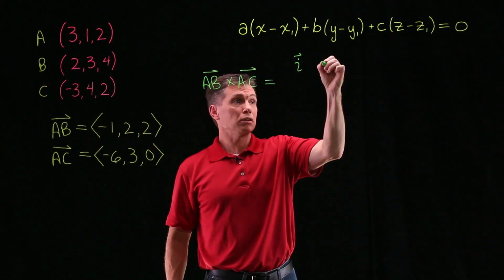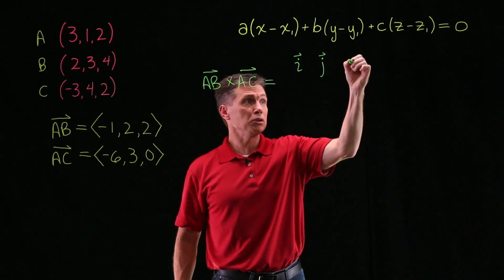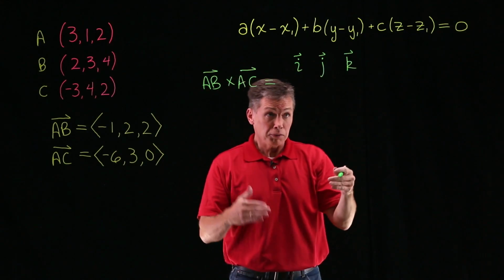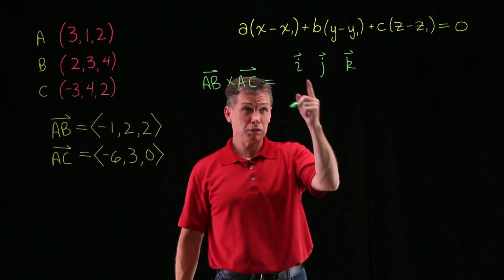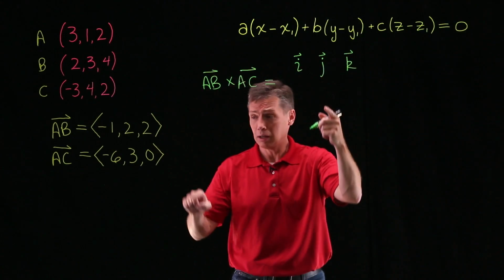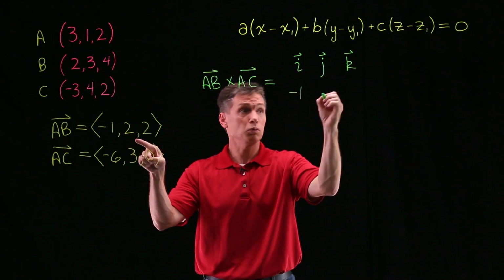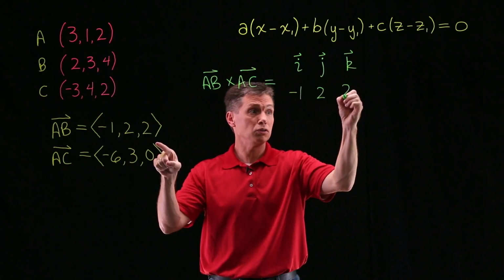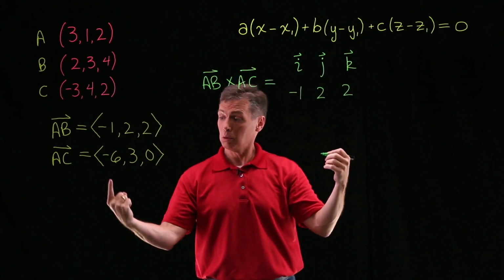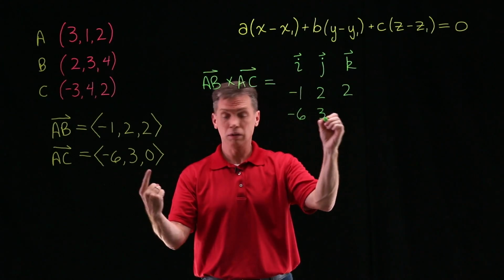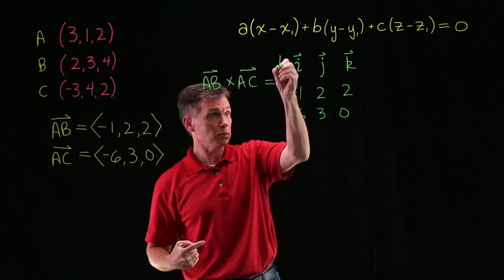Now finding our cross product, usually our approach here, a very useful, convenient approach, is this determinant form where the top row is i, j, k, the middle row is going to be these components, minus 1, 2, 2, and the bottom row will be these components, minus 6, 3, 0.